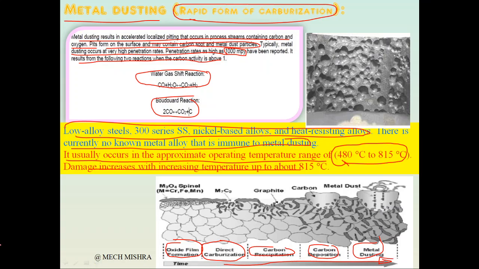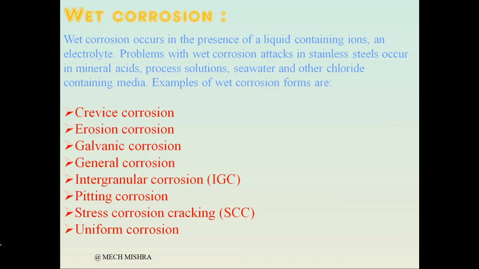So here we understood metal dusting basically. Now we have learned all this dry corrosion and its major types. Now coming to wet corrosion.